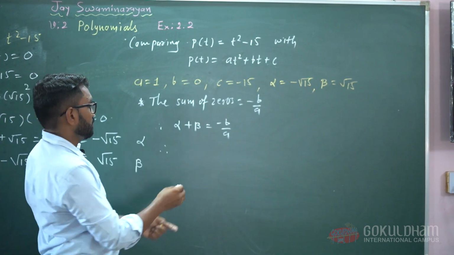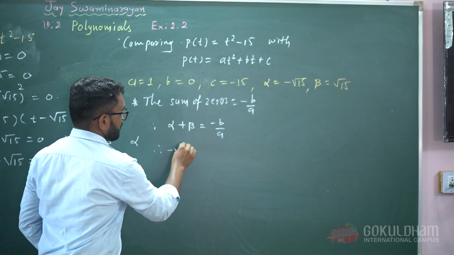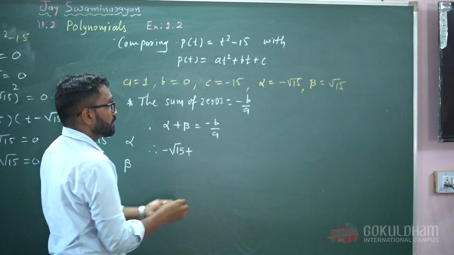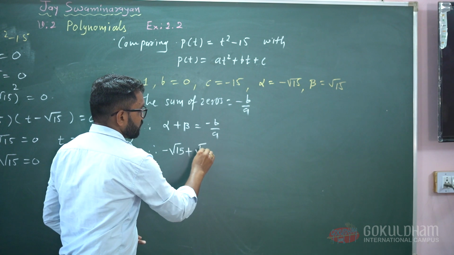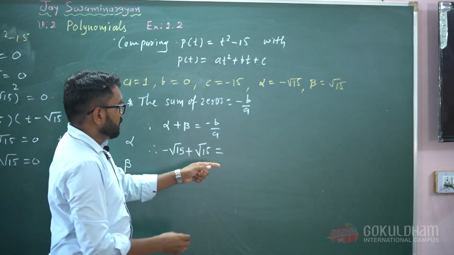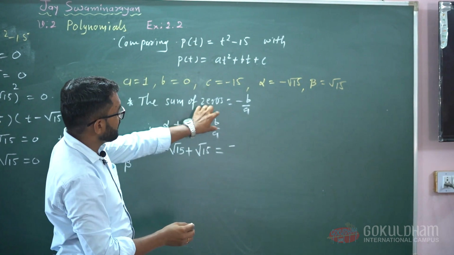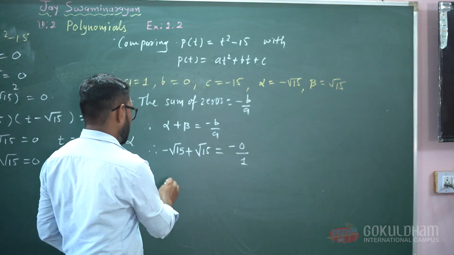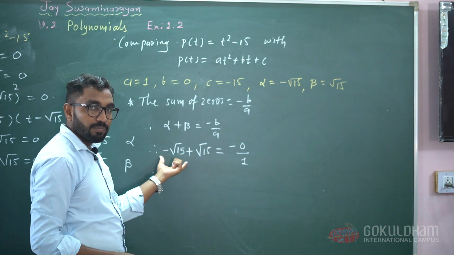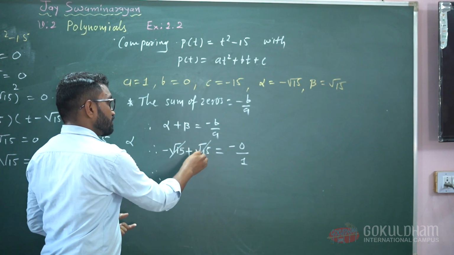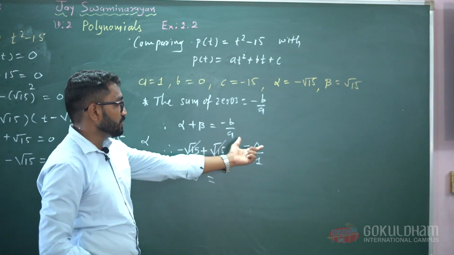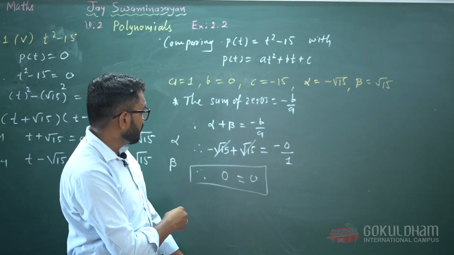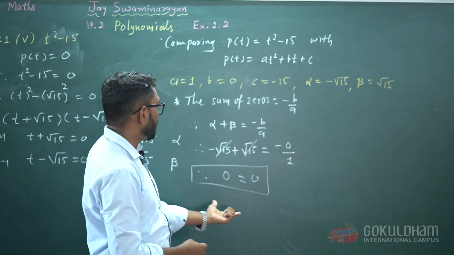Alpha equals minus under root 15 plus beta equals under root 15, and minus b is 0 and a is 1. So minus root 15 plus root 15 cancel out. 0 divided by any number is 0. So both values are equal for the sum of zeros.